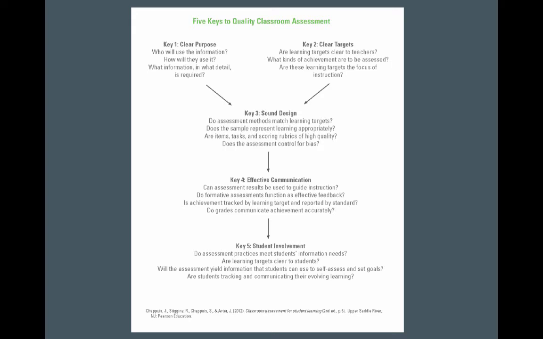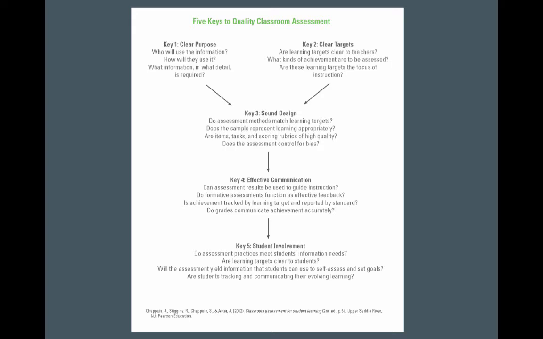And we'll see this graphic organizer throughout the text. So right now we're focusing on the clear purpose key, which is foundational to all of the others. I guess you could say the clear purpose and the clear targets together are foundational to the other aspects of assessment. And so underneath clear purpose, we need to think about, okay, what is the purpose of this assessment?